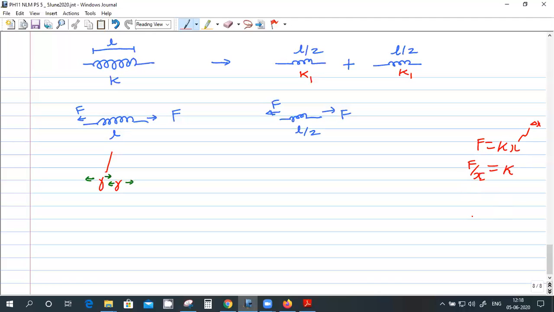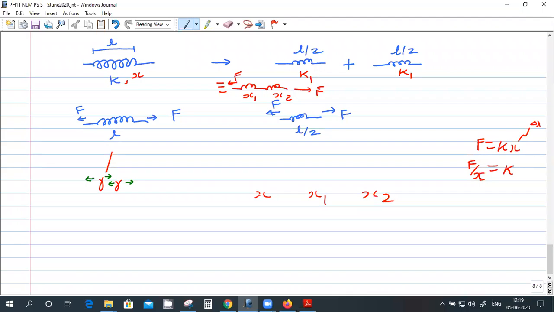Okay, and then we replace these two springs by connecting two of these springs in series. Suppose the extension of this one is x1, applying the same force F here. If the extension of this half spring is x1, this is x2, and this total extension is x, can you relate x, x1, x2?